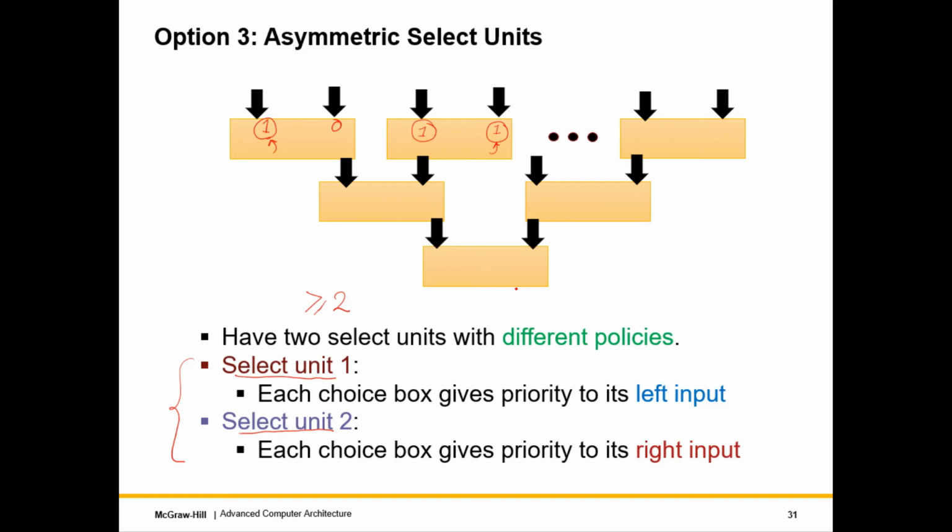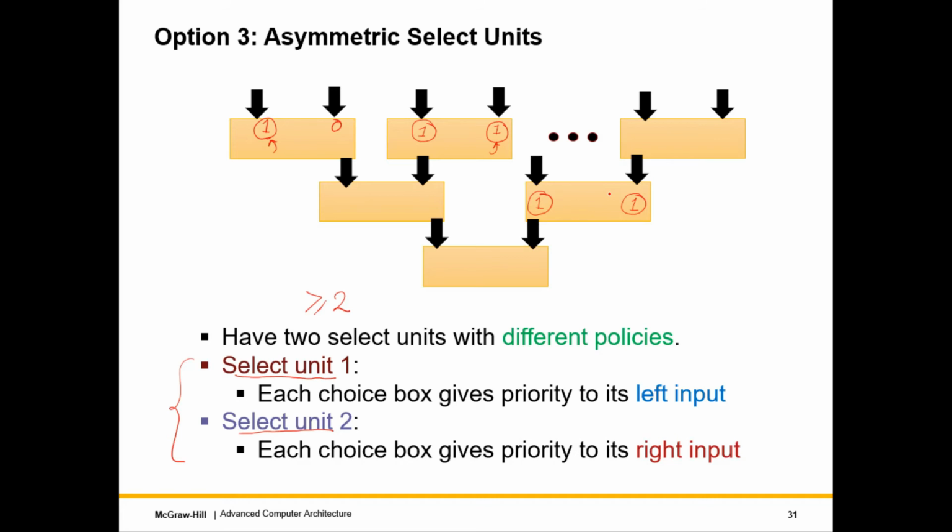So this is easy to prove, it's not hard at all. Let's consider the case when only 2 request lines are 1. Of course they will be at different places, so ultimately they will collide in some choice box. Wherever they collide, let's say they collide over here, the select unit 1 will choose the left input, while the select unit 2 will choose the right input. So automatically the choices will be different.